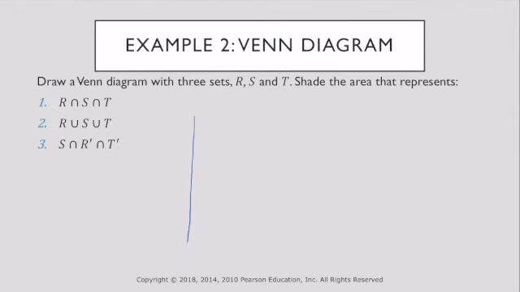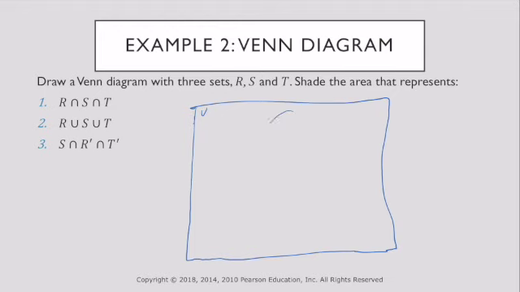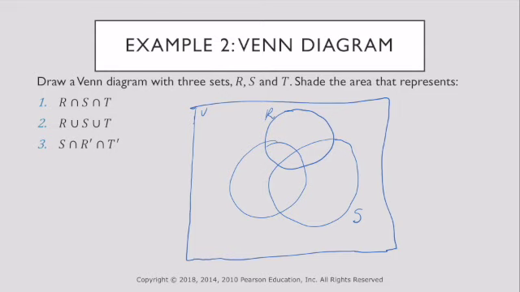So now I have three. When I have three intersecting, it's a little bit different. So I've got one, I'll call this R, two, oh, now it's not the same size, three, okay? So T, let's label our elements. So all this is just T, right?